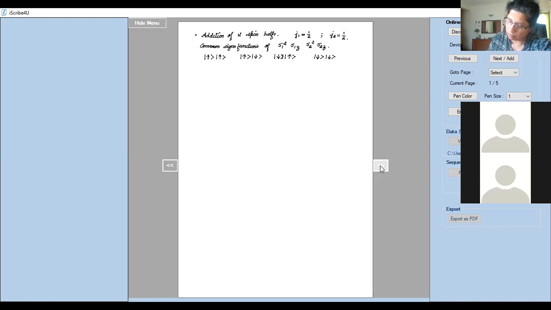So either you can do that or you can use the common eigenfunctions of S square, SZ, S1 square, S2 square.